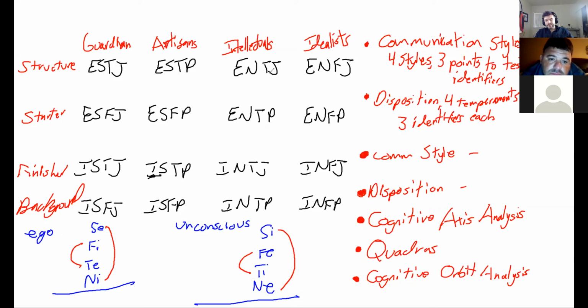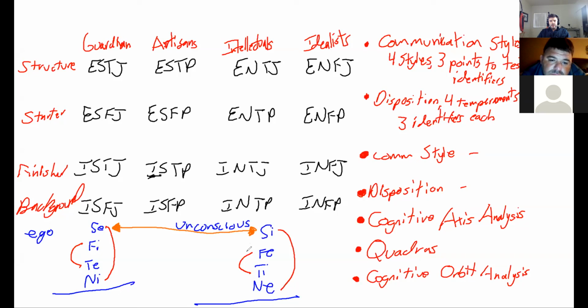But what happens when we talk about cognitive orbit? Well, the SE is connected to the SI, and it goes in both directions. It's a two-way street. The SE is connected to the FI.